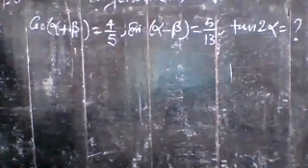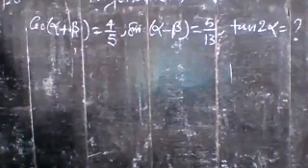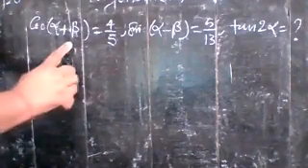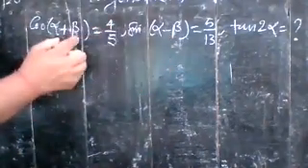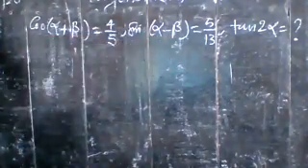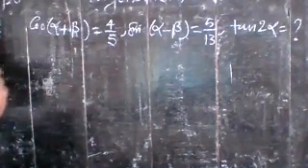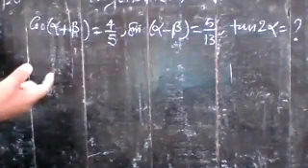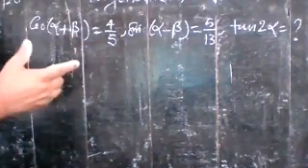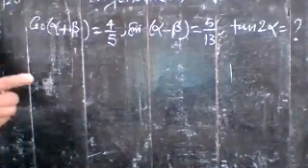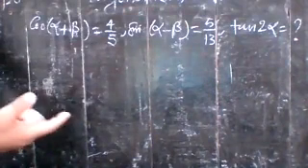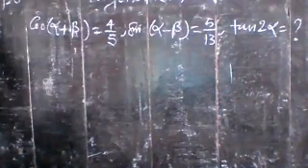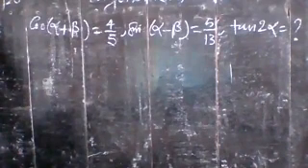Tan 2 alpha is equal to tan of alpha plus beta plus alpha minus beta. If you simplify, you see that beta and beta cancel out, and finally you have again 2 alpha. So if you express tan 2 alpha in that way, you have to apply the identity of tan x plus y.